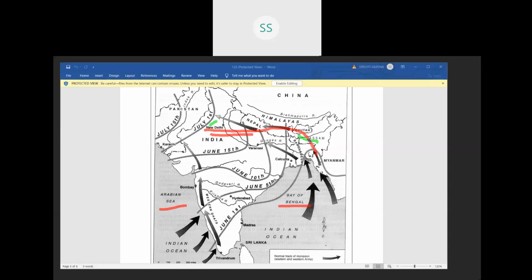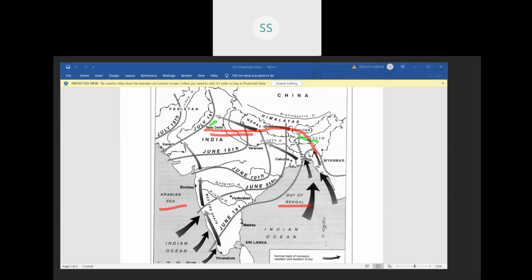Now, why are there these breaks? Children, you have to understand that when there is rainfall for 4-5 days, what happens to temperature? For example, let us take Delhi. In Delhi, the temperature is 45 degrees. Pressure is very, very low. At that time, it will attract the winds and rainfall takes place for 3-4 days.